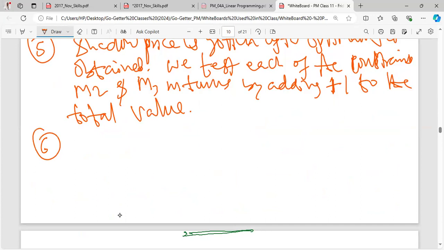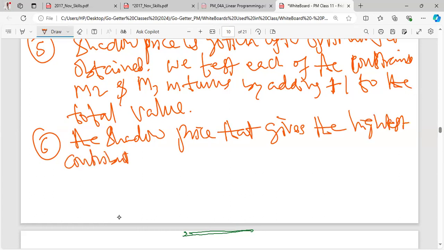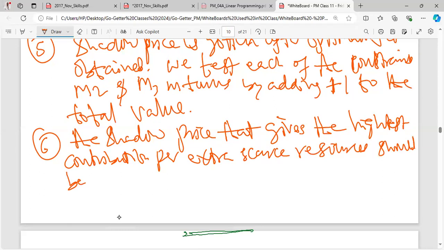6, the shadow price that gives the highest contribution per extra scarce resource should be most concentrated on.